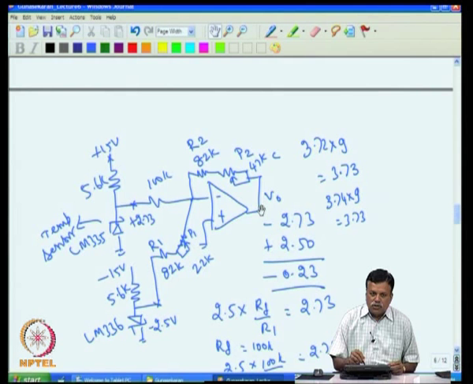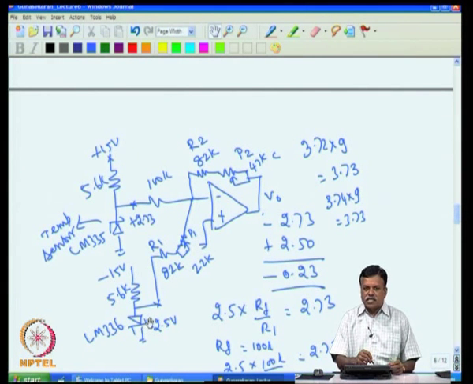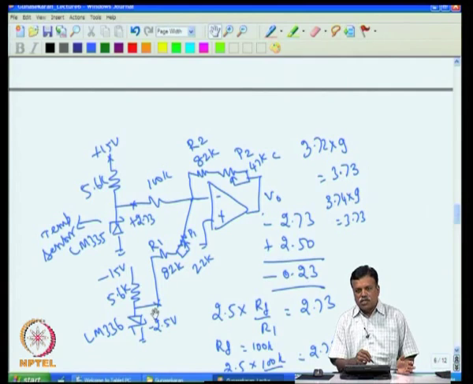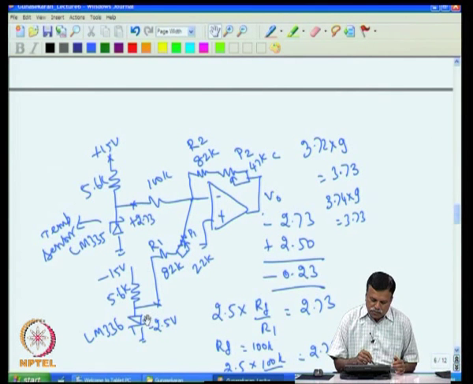That means when the ambient temperature changes, which for industrial grade equipment can be minus 20 degree to plus 80 degree, taking it as a 100 degree change, you can expect a 7.5 millivolt change here.